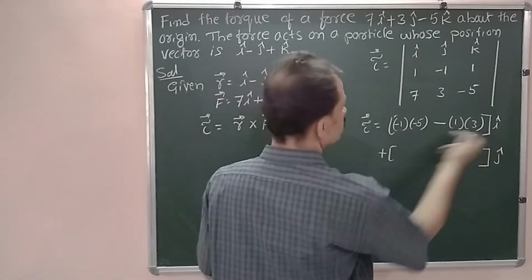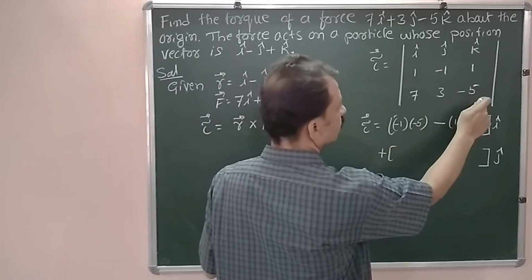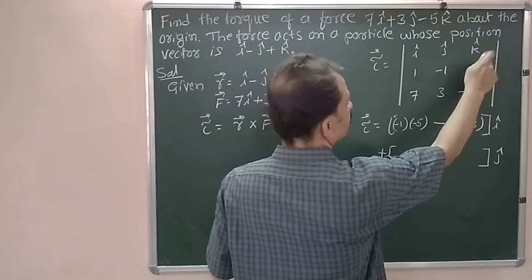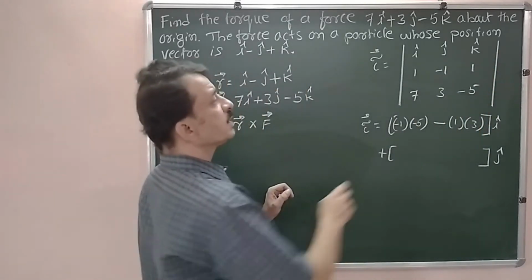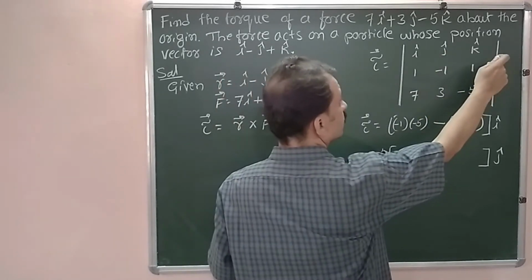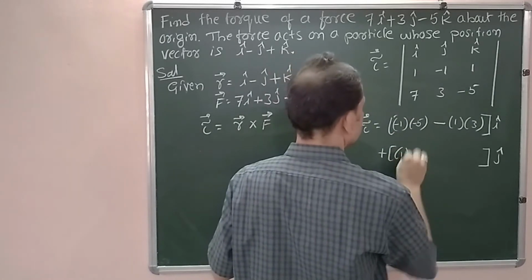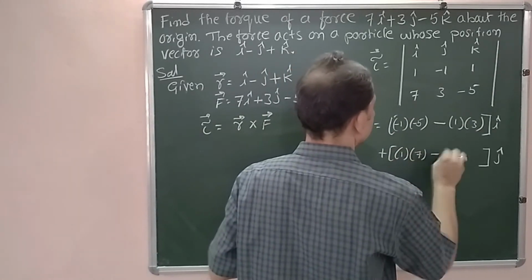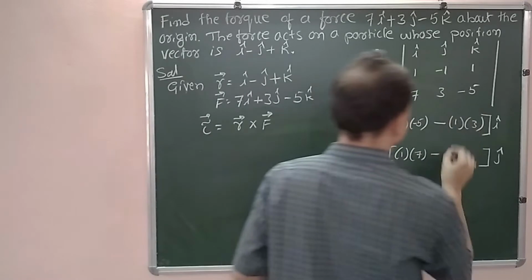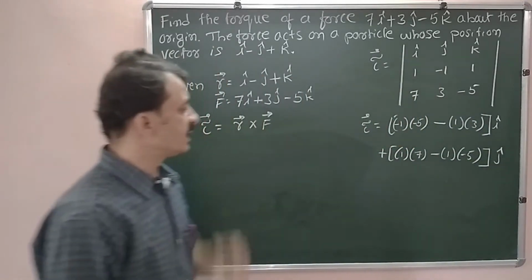While writing the first coefficient, we took top left to bottom right and then top right to bottom left. Here, for the second term, we start with top right to bottom left, 1 into 7, minus top left to bottom right, 1 into -5. This is the second term.